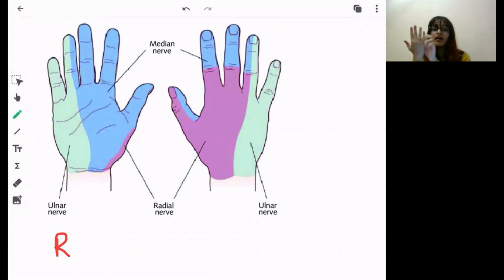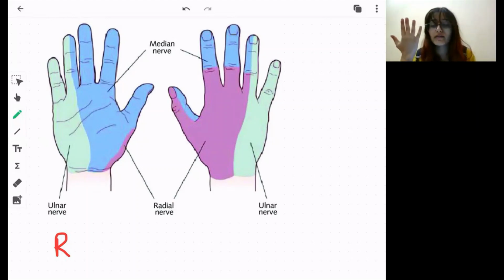The medial 1.5 fingers are supplied by the ulnar nerve on the palmar as well as the dorsal surface. But the area in dark blue is supplied by the median nerve: the palmar surface of the lateral 3.5 fingers, and also the distal phalanges of the same 3.5 fingers.